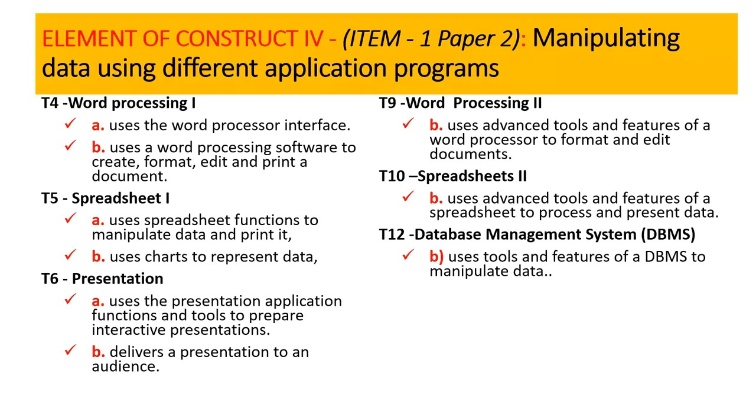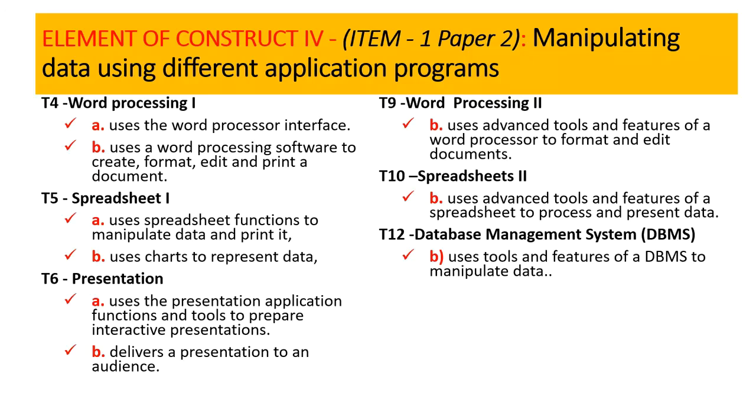You must have knowledge of topic 6, that is presentation, and you must have knowledge of topic 12, that is database management system. That's why we said you read the scenario, open the support files, come to the task. You will know which application programs to use on item 1.